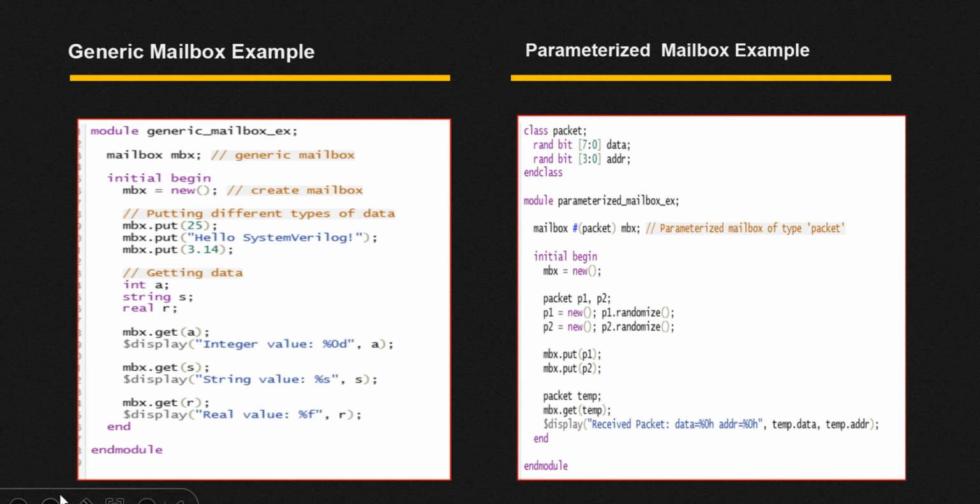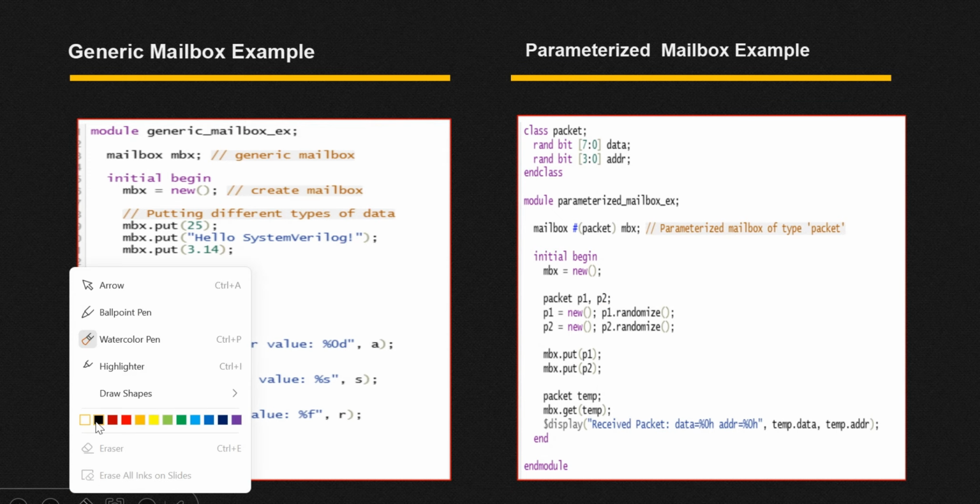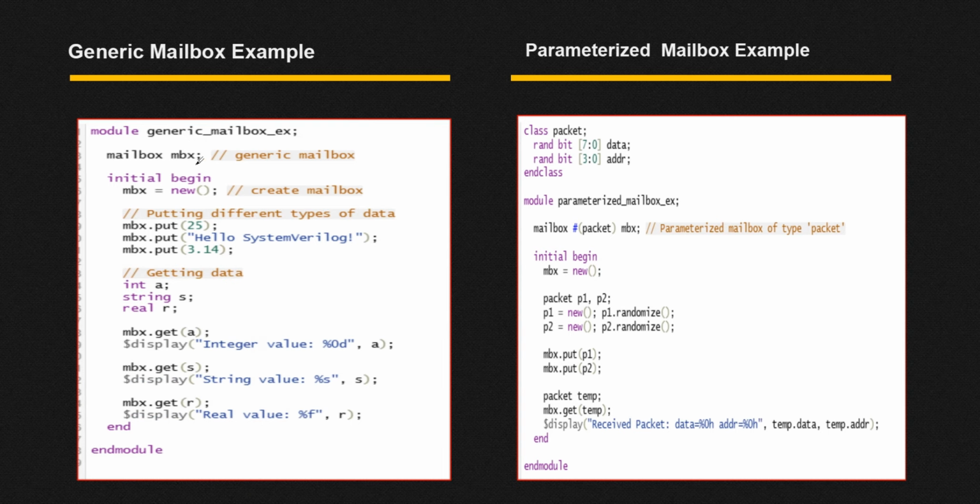In generic mailbox, we have created one instance of mailbox and then used the new keyword in order to allocate memory or create the mailbox. Since it is a generic mailbox, we are allowed to pass any value of any data type.